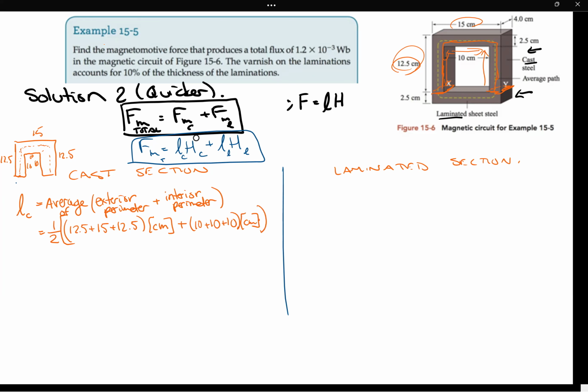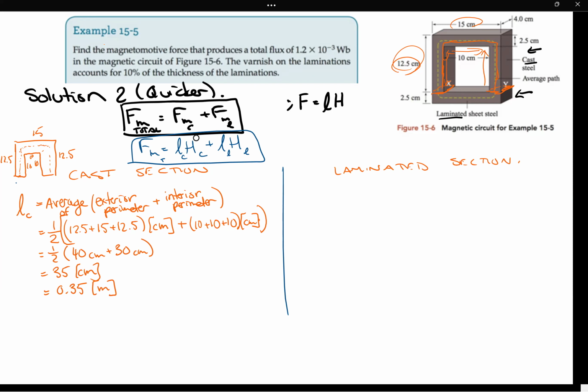I'm going to add those two and take the middle path of them, so divide by 2. So it's 1/2 of 40 centimeters plus 30 centimeters. 1/2 of 40 plus 30 is 35 centimeters, which is kind of useless to me. I like things to be in meters for all of our magnetic circuit calculations to work out.